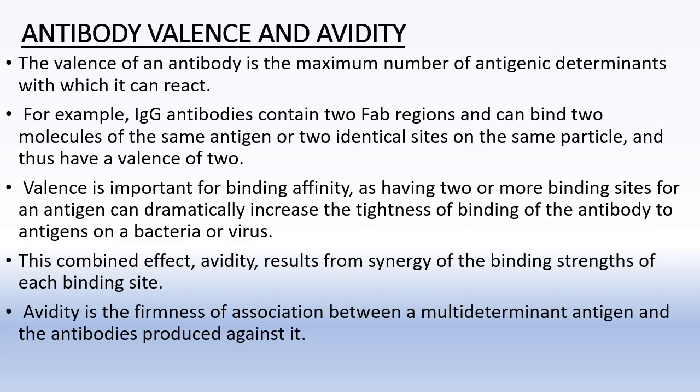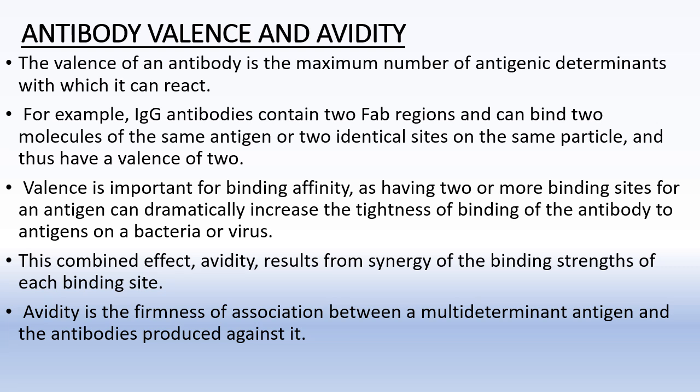Antibody valence and avidity. The valence of an antibody is the maximum number of antigenic determinants with which it can react. For example, IgG antibodies contain two Fab regions and can bind two molecules of the same antigen or two identical sites on the same particle and thus have a valence of 2.